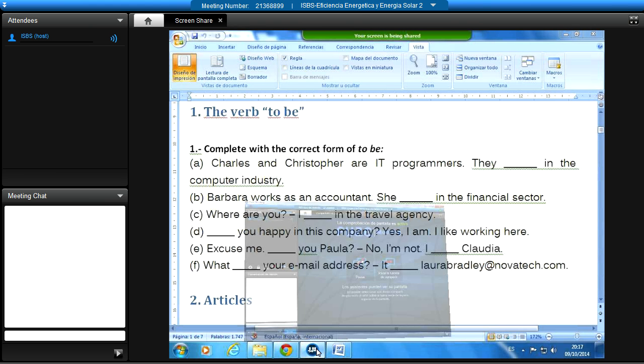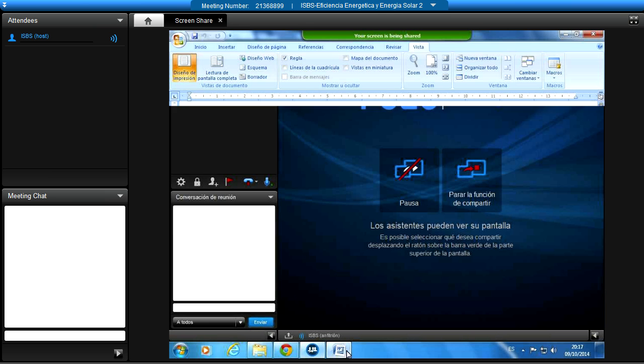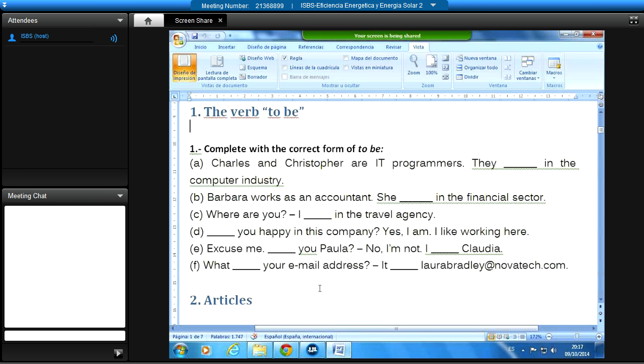Information technology. For example, in a company, the IT department is Departamento de Informática. Would you like to read, George, the B?